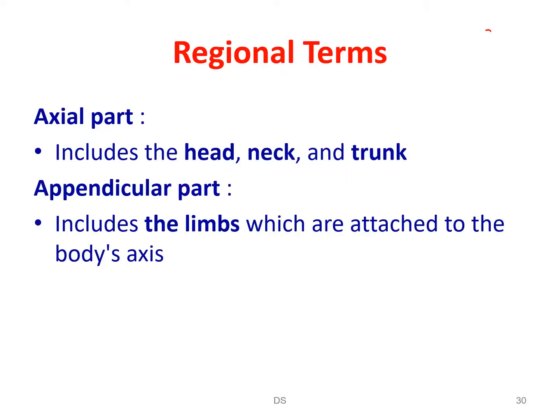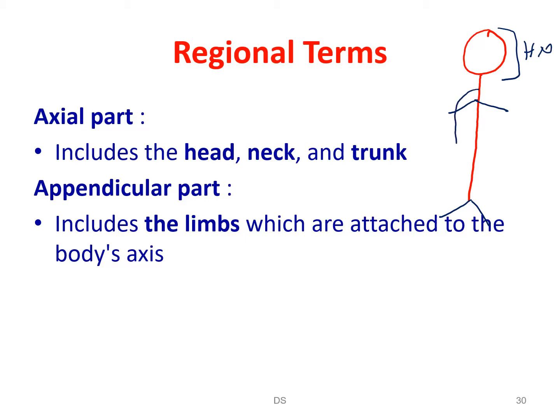Okay, let us proceed to the last section of today. The axial, which is located at the axis of our body, and the appendicular, away from the axis. The structure at the center of our body is called the axial, like the head and the neck region.